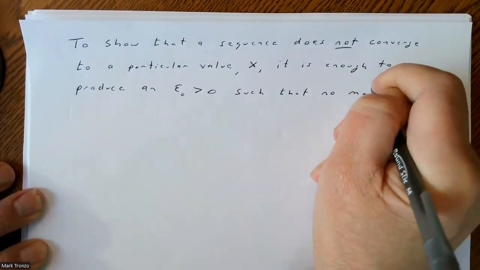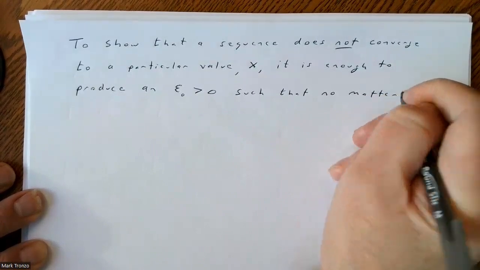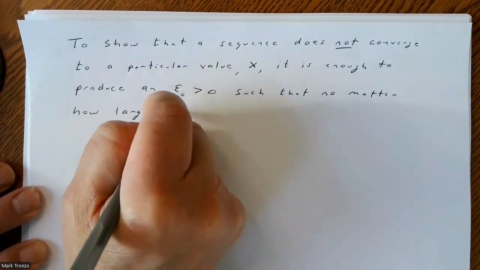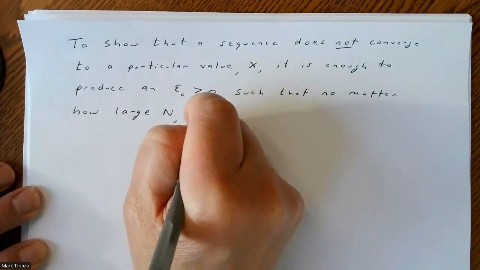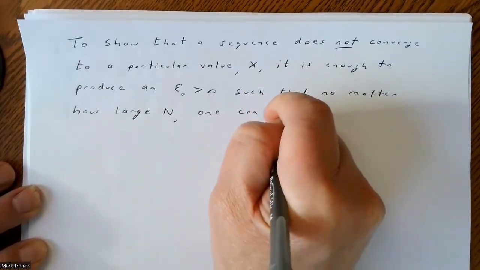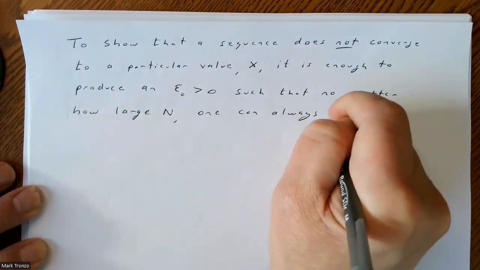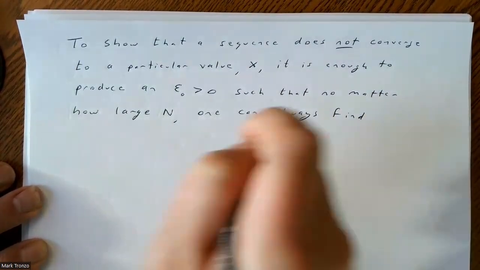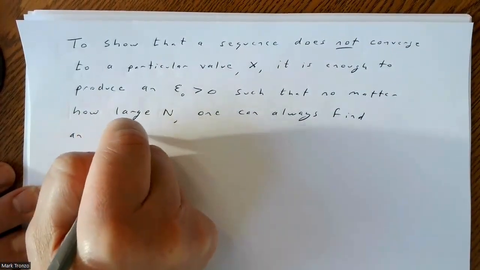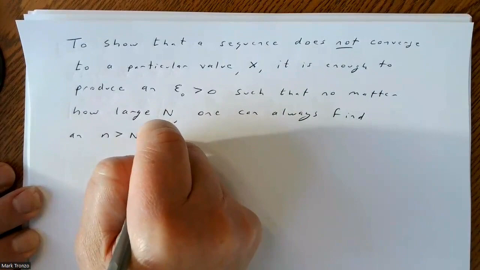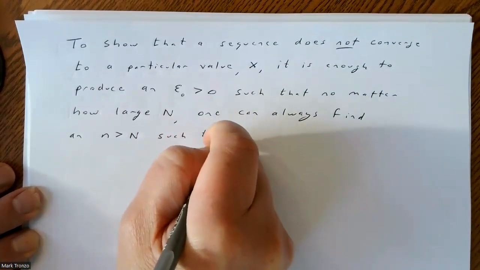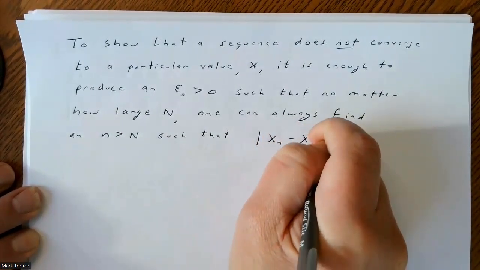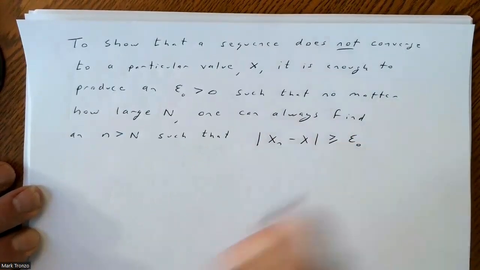no matter how large N is, one can always find an n greater than N such that the absolute value of xn minus x is greater than that epsilon.